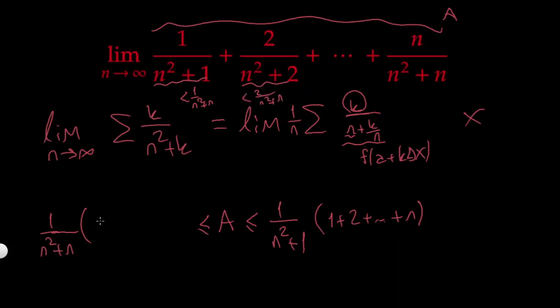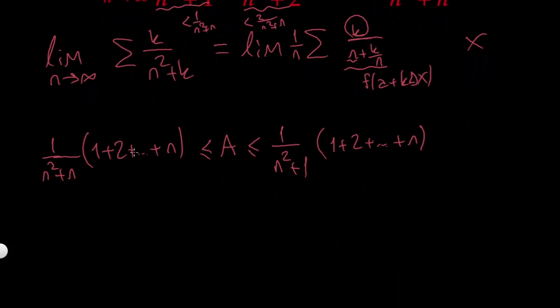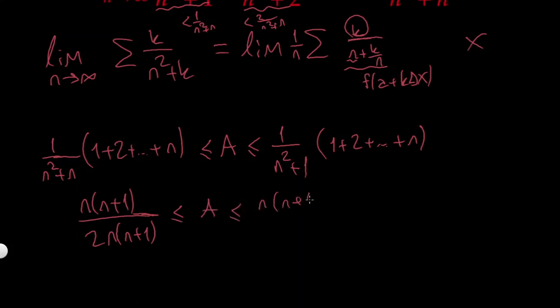It's going like this: I have 1 plus 2 plus up to n. Cool, so this is just a famous sum. It's n times n plus 1 over 2. And this thing is also n times n plus 1. So this is less than or equal to a, and this is less than or equal to n plus 1 over n squared plus 1.